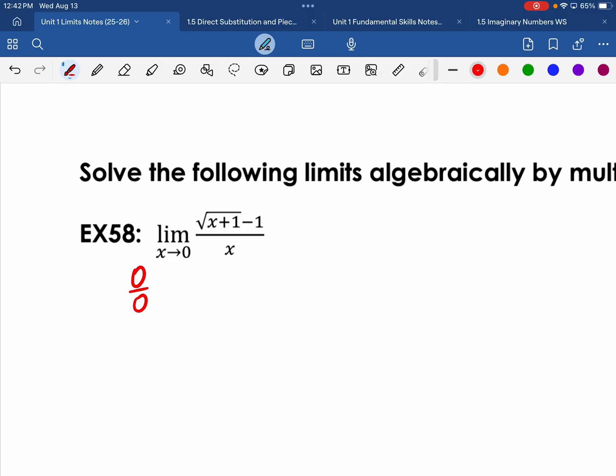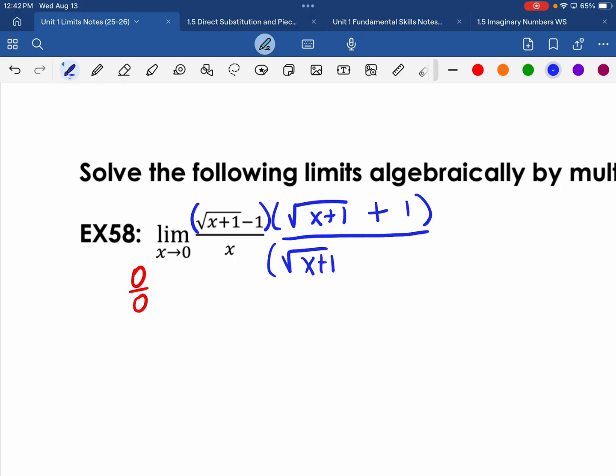All right, so I am going to multiply by the conjugate on top, which is the exact same thing. But instead of this minus sign right here, I'm going to turn it into a plus sign. And whatever you do to the top, you do to the bottom.